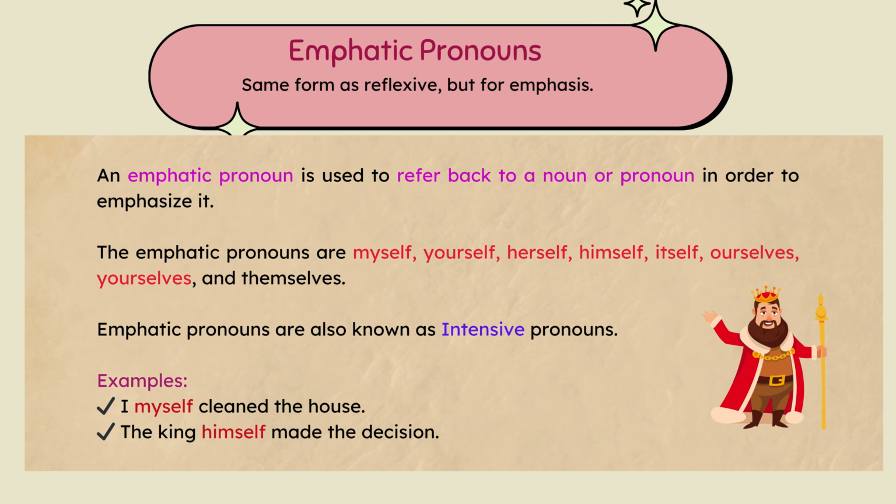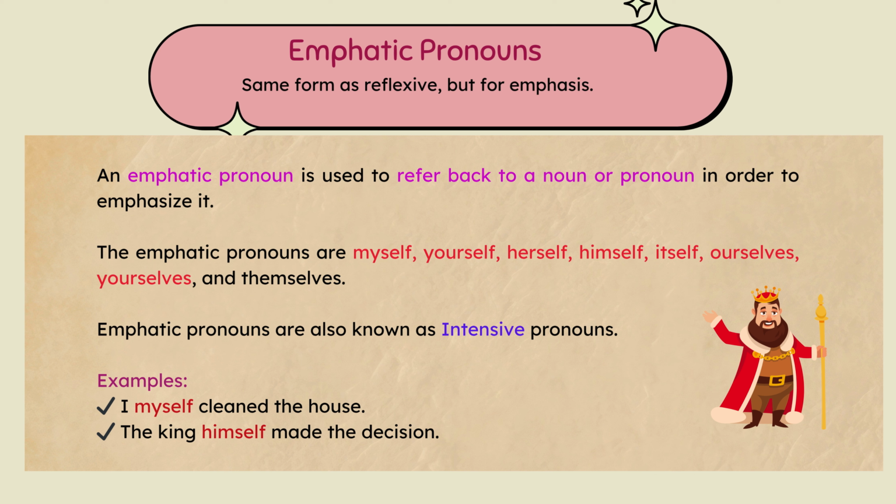Let's talk about emphatic pronouns. They look exactly like reflexive pronouns, but they serve a different purpose. They add emphasis. We use emphatic pronouns to stress who exactly did something. The emphatic pronouns are myself, yourself, herself, himself, itself, ourselves, yourselves, and themselves. Examples: I myself cleaned the house.